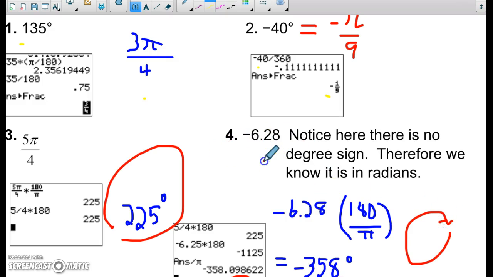And negative 2.28 is about negative 2 pi, which is one revolution around the circle going clockwise, okay?